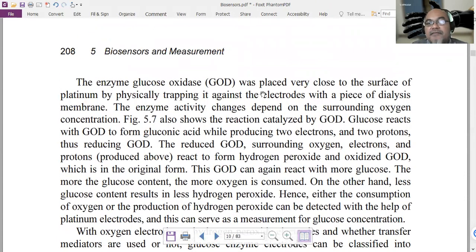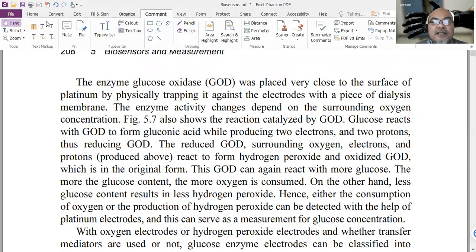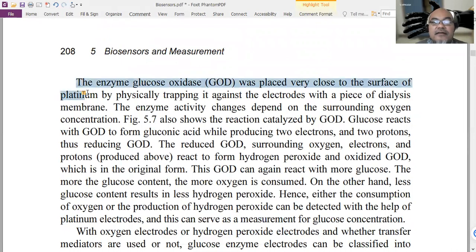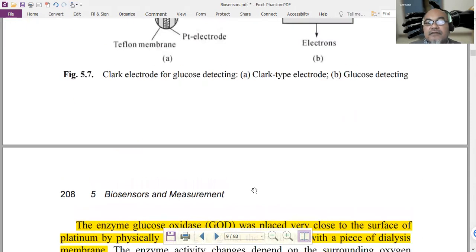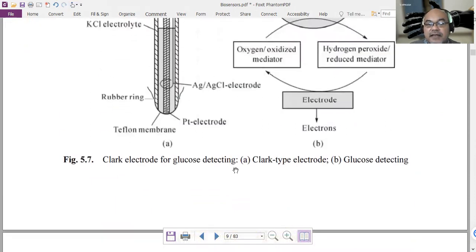The GOD is placed very close to the surface of the platinum by physical entrapment against the electrode with a piece of dialysis membrane. So the enzyme activity will change depending on the surrounding oxygen concentration. So 5.7, this is the reaction.